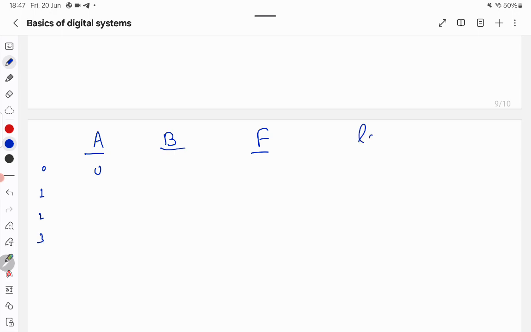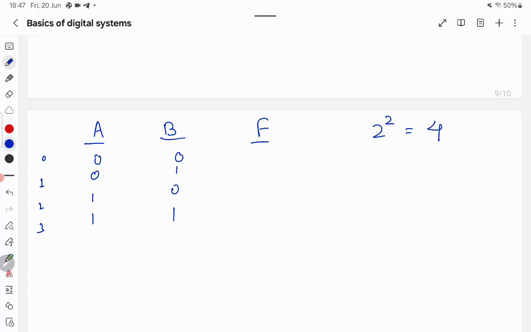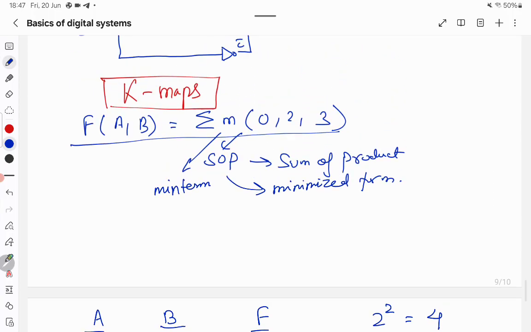Since there are two inputs, you will do 2 to the power 2. This is the formula, so there will be 4 digits, 0 1 2 3. So you will write a as 0 0 1 1 and b as 0 1 0 1.